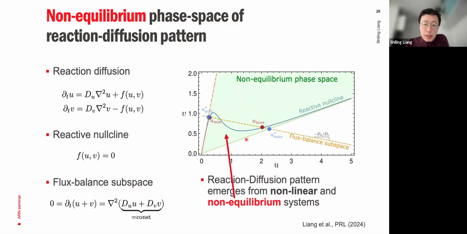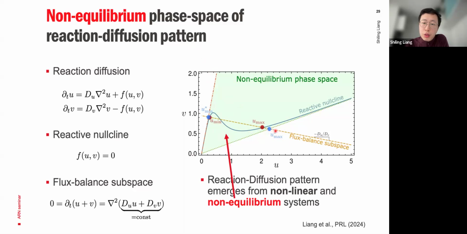And if it's a mass conserving system, it has been shown that there is a conservation law in the system, that the weighted average of the concentrations should be a constant, which determines the flux balance subspace. It has also been shown in a previous paper that the intersection between the flux balance subspace and these reactive nullclines will give you the minimal and the maximum concentration of the pattern. But this minimum and maximum concentration of the pattern should be bounded by the intersection of the flux balance subspace and these two boundaries.